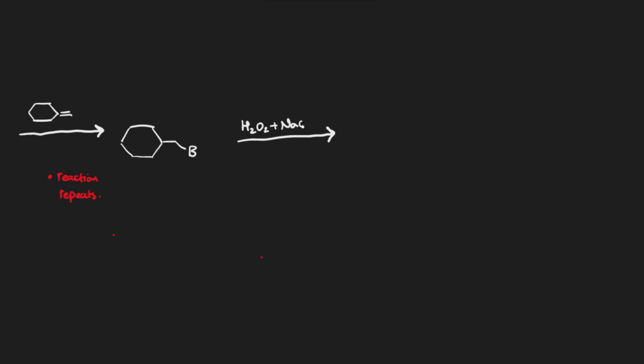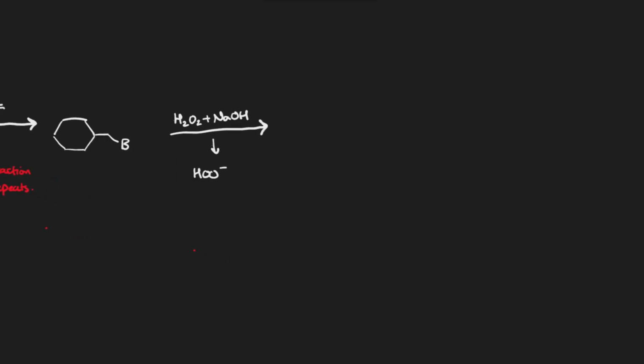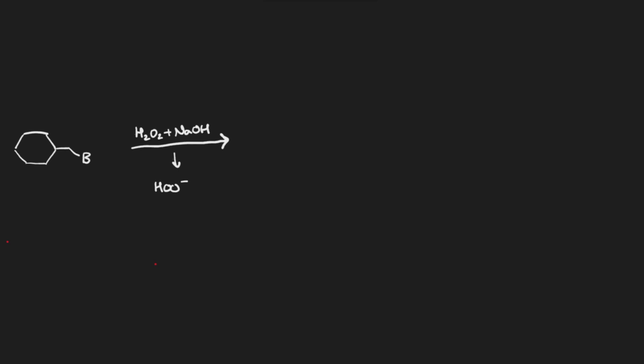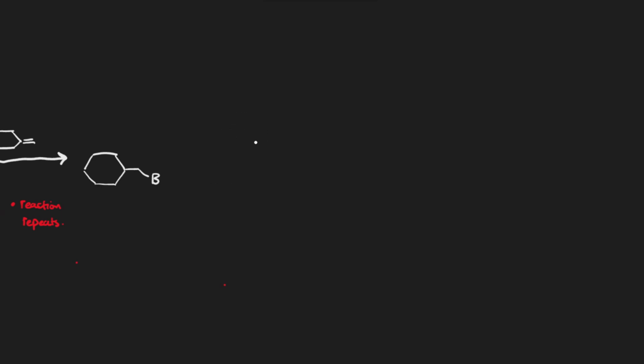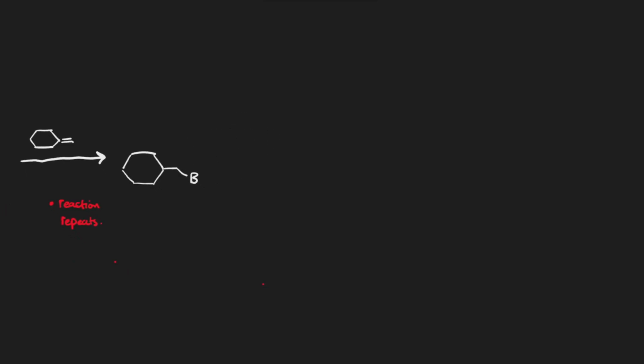And in combination, these both form this ion here. Sorry, pardon me. Just really quickly, this boron should be attached to three alkyl groups, as all the hydrogens have been substituted for more of that alkene.